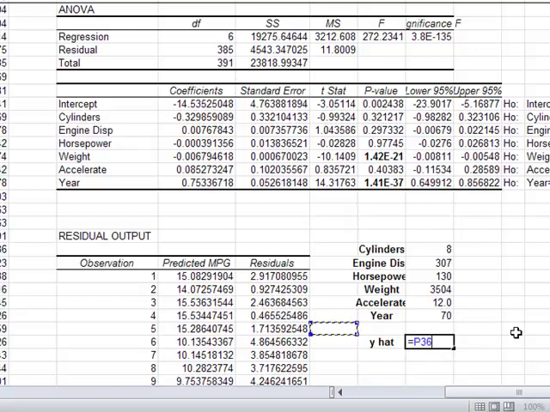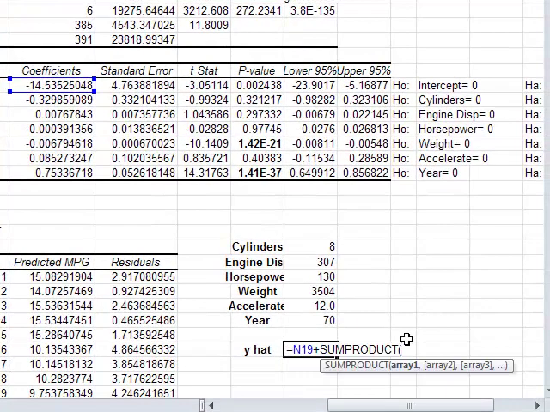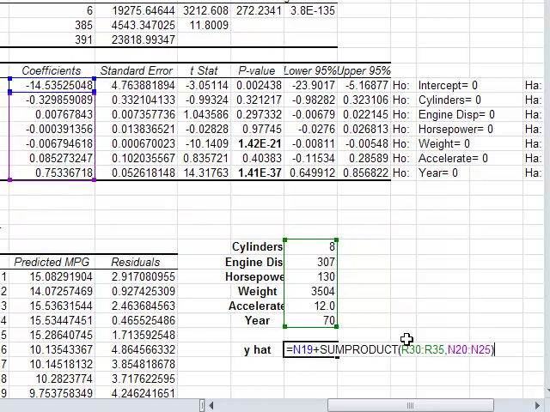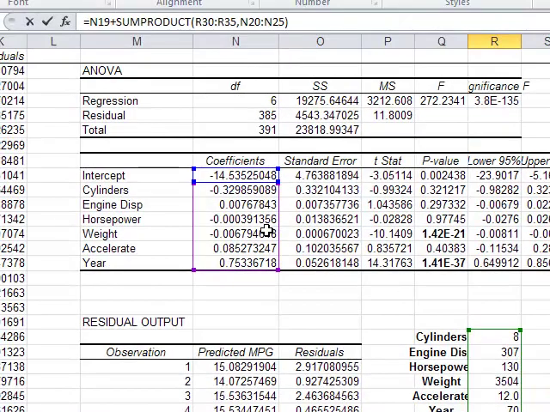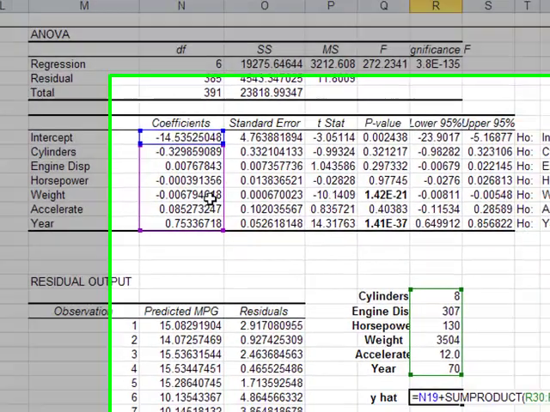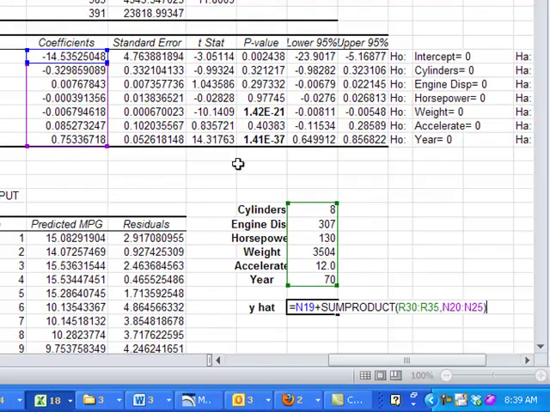Just like my equation would be, I'd say this intercept plus, and we did this in class, sum product of those guys, multiply and add by these guys, right? Remember, sum product is just taking the first one and the first one here, multiplying them, and then adding it to the second one times the second one, plus the third one times the third one, plus the fourth one times the fourth one. It's just going through exactly what the formula would look like.